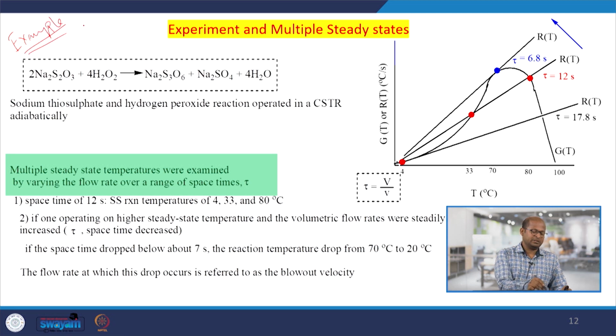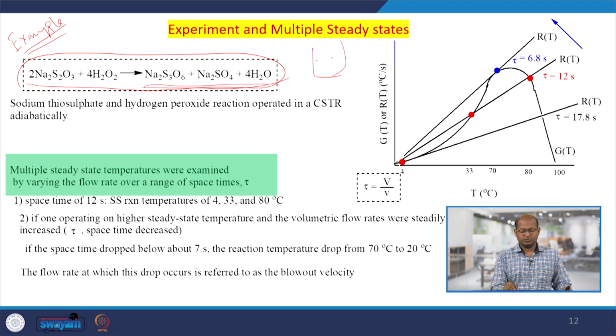Now we will discuss one example. Let us say the reaction is sodium thiosulfate and hydrogen peroxide as reactants. If we conduct the reaction, this type of reaction may be possible inside the reactor. Now we look into the different steady state temperatures that would be there.